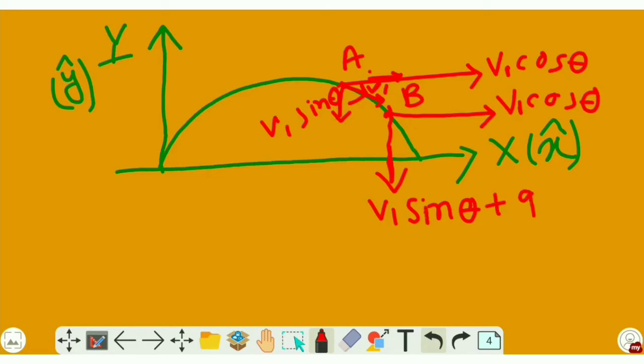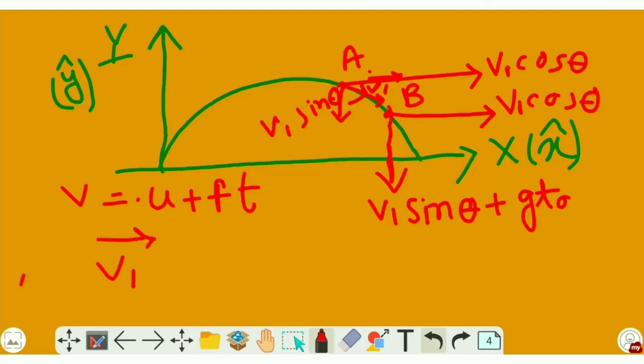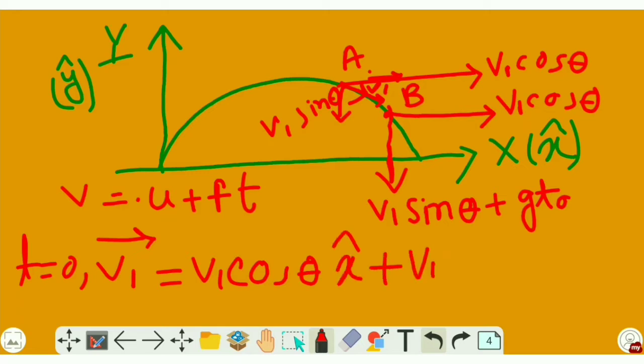plus g t0. We know v equals u plus f t, where f is the acceleration, t is the time taken, u is the previous velocity, and v is the final velocity. So let's define the v1 vector. At t equals 0, the v1 vector is equal to v1 cos theta x cap plus v1 sin theta y cap.